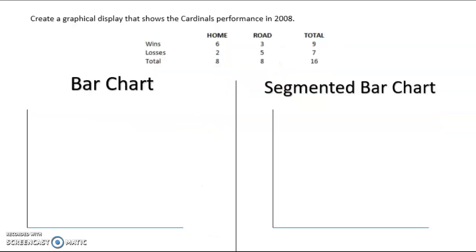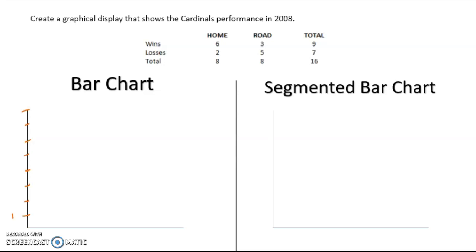Next screen. Create a graphical display that shows the Cardinals' performance in 2008, using the same stats from the two-way frequency table. Bar chart versus a segmented bar chart. If I'm going to go for a bar chart, here we go. Again, I'm going to use percentage because it's real easy to compare winning percentage.